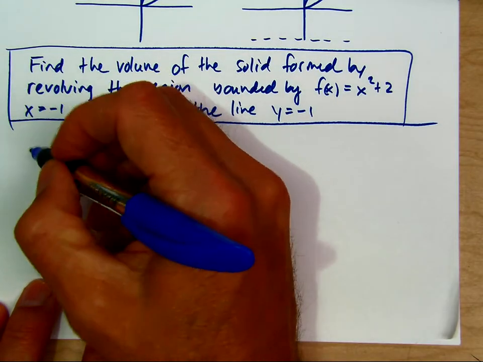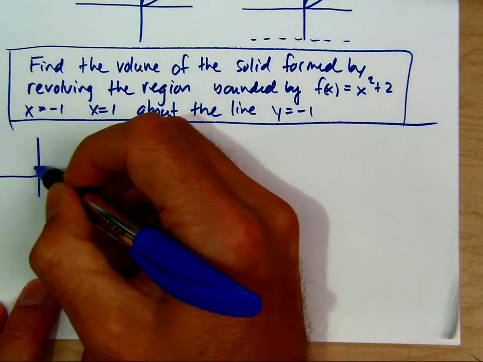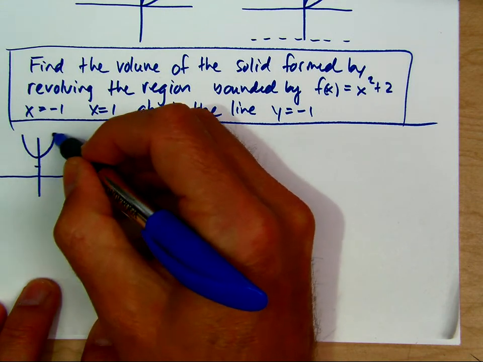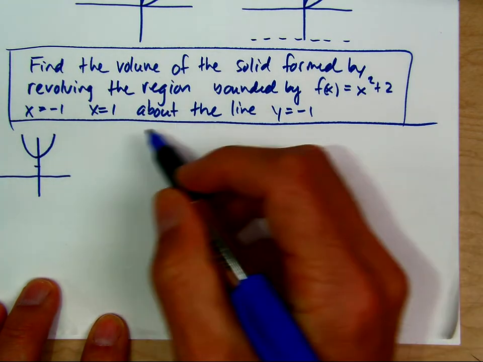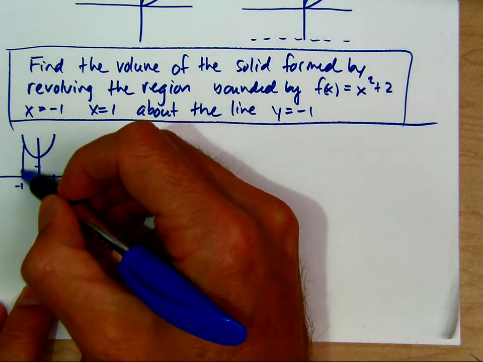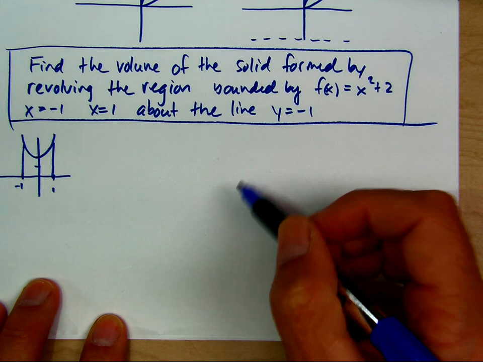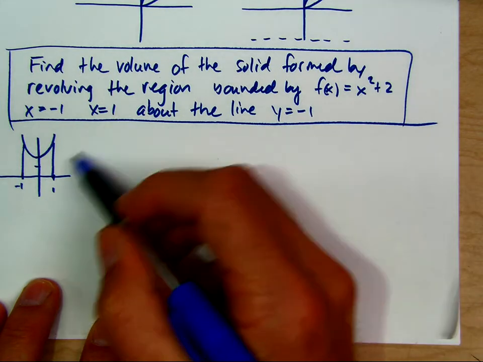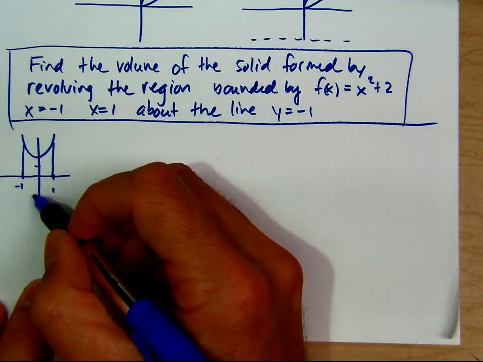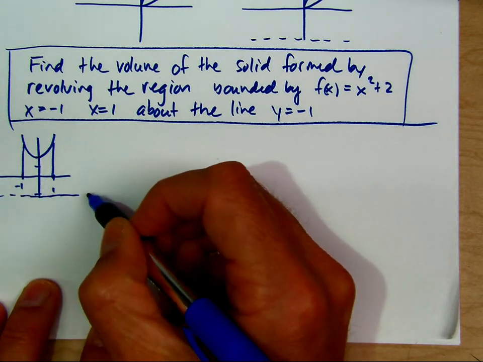So let's look at the region, x squared plus 2, and also the vertical lines at -1 and 1. And I would also have to say that it's bounded by the x-axis. It's rotating around y equals -1.